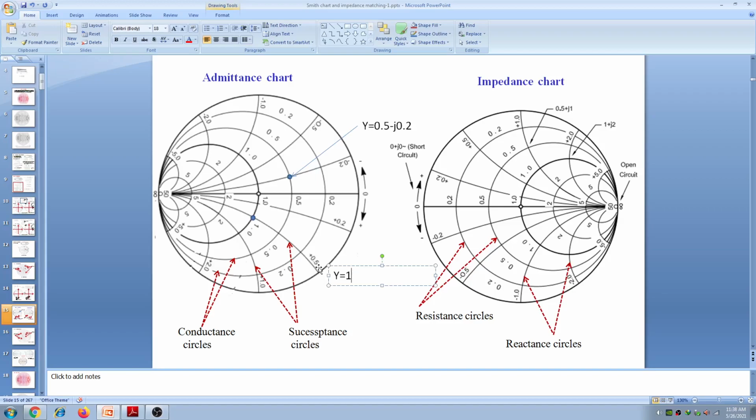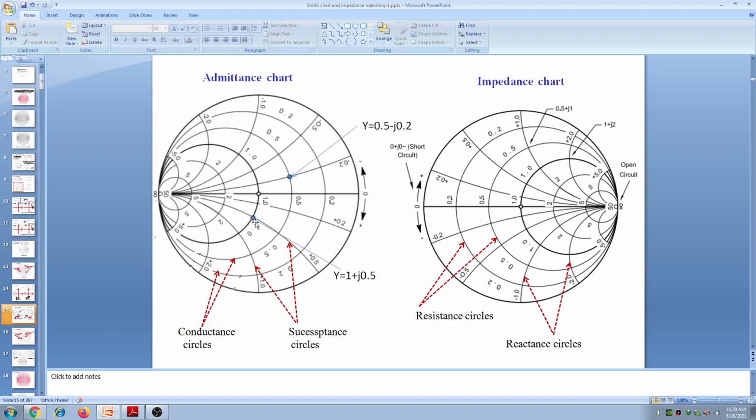So plus j0.5. So the admittance at that position here is 1 plus j0.5.